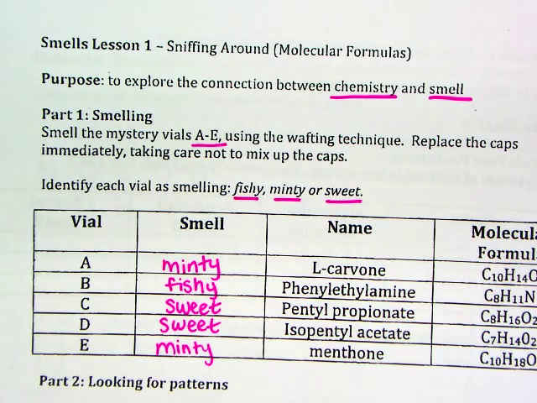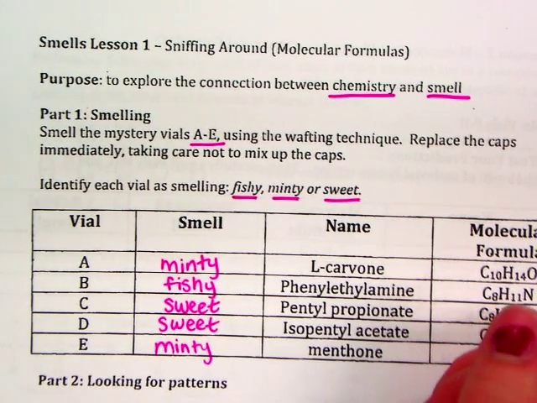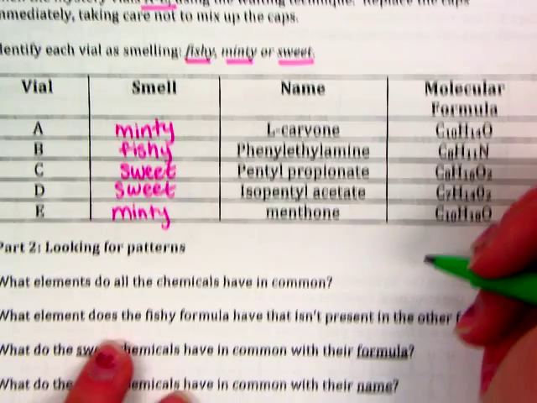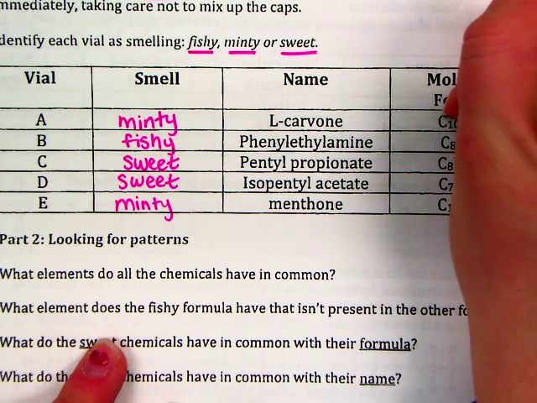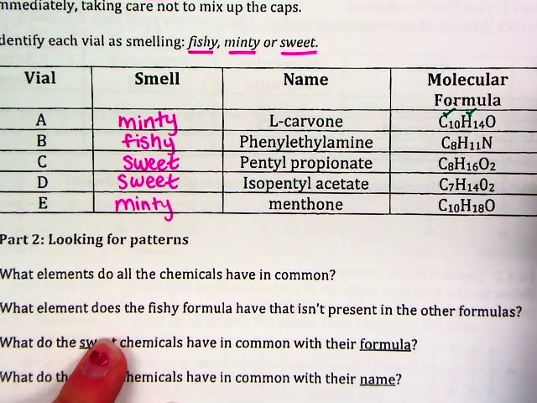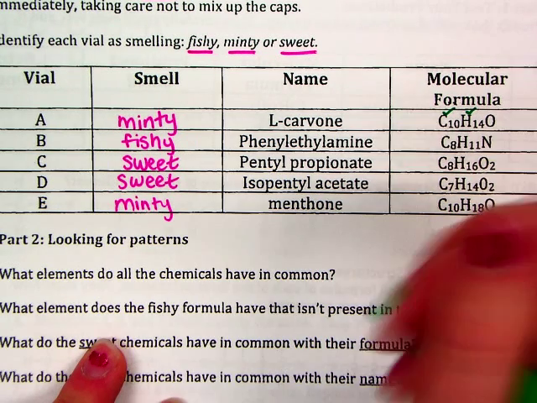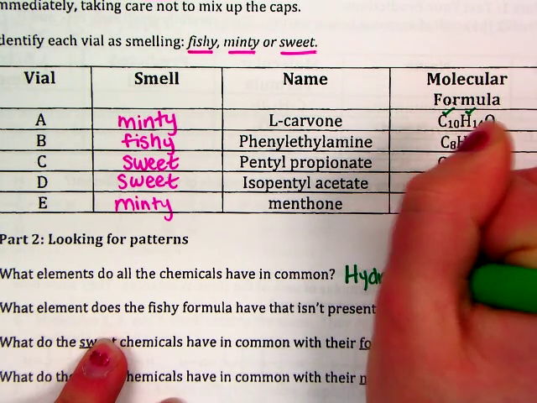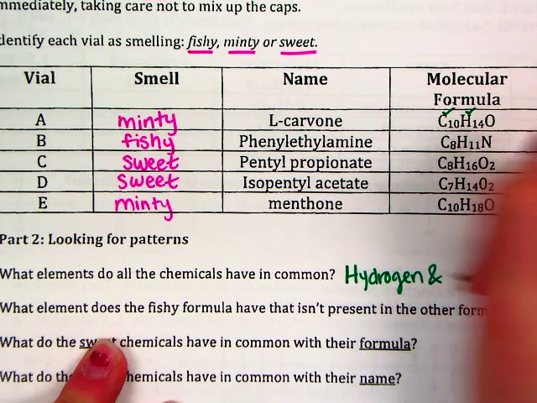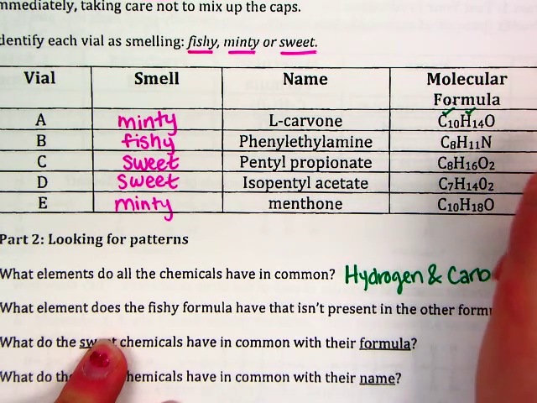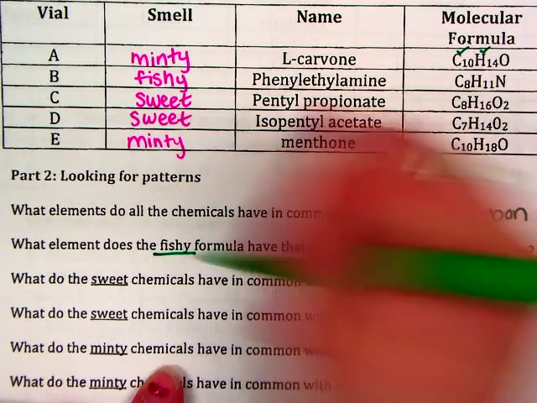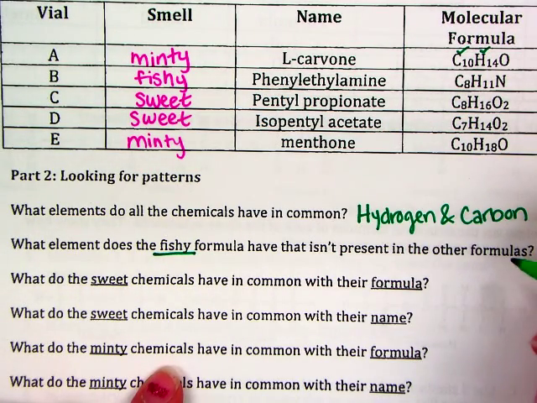So what elements do all chemicals have in common? Well, all the chemicals above all have carbon and hydrogen within the formula. What elements does the fishy formula have that isn't present in the other formulas?